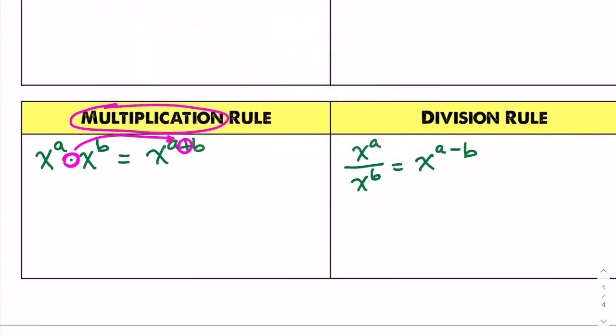So the log rule says, let me just undo this exponent rule.